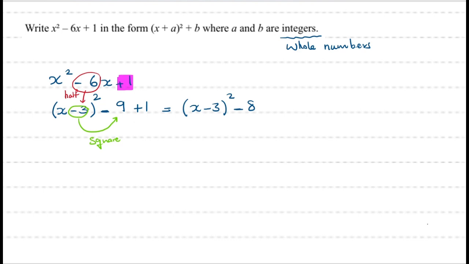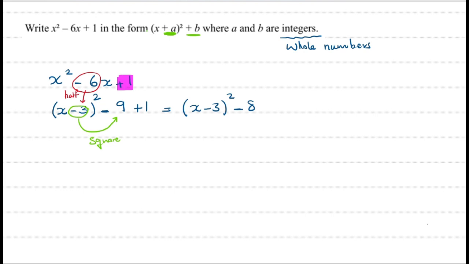You might ask the question, why does it say in the question that we have to write in the form x plus a and plus b? (x plus a) squared plus b is the general form, and it's a formality.